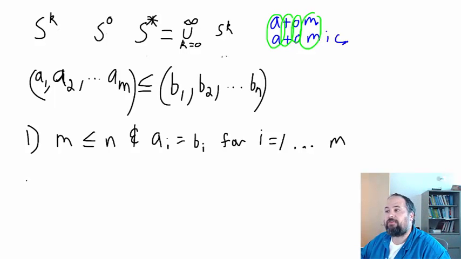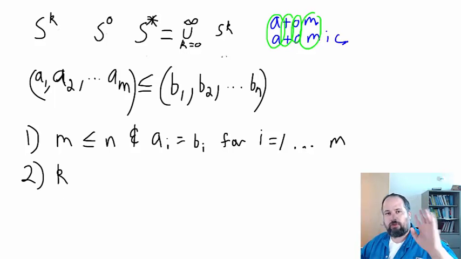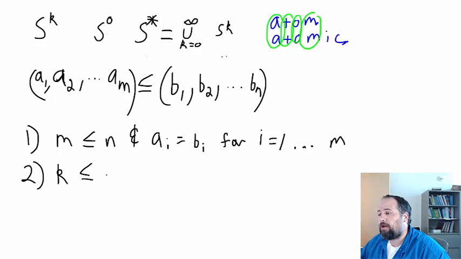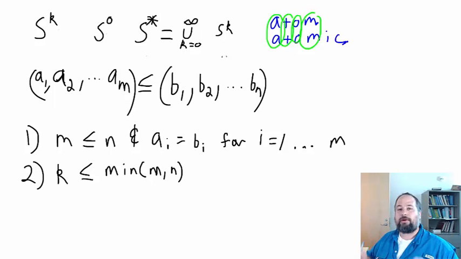The second case where A comes before B is that there's some value k. This is a totally unrelated k to what we've been doing. Just some value k that is smaller than the minimum of M or N. So there's just some number that's smaller than the last value of the smaller string.